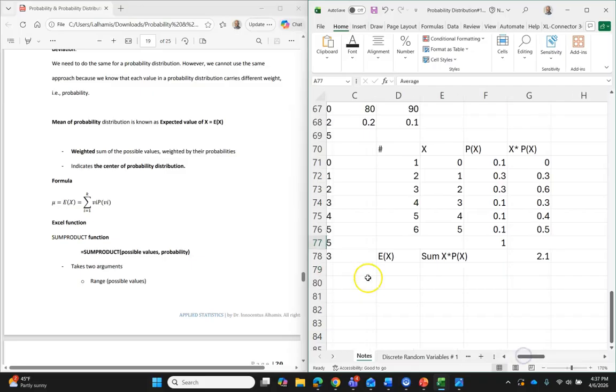So how about standard deviation? The formula for the standard deviation of the probability distribution of variable x is the square root of the sum of x minus the average, which is this expected value, to the power of 2, times the probability of x.